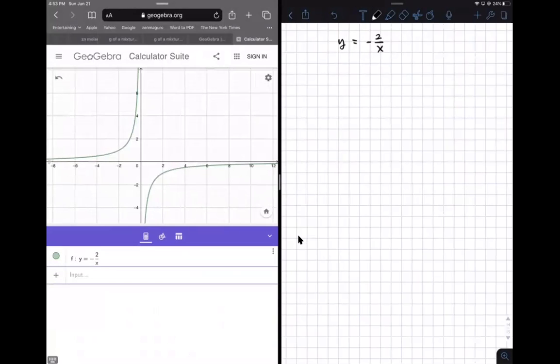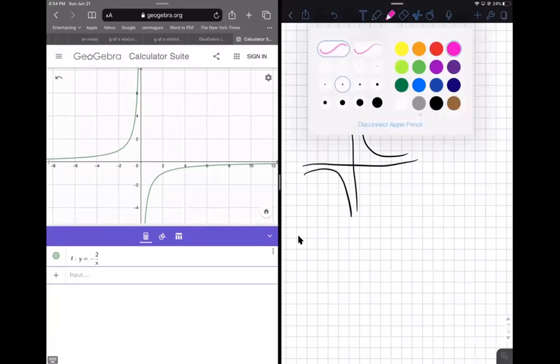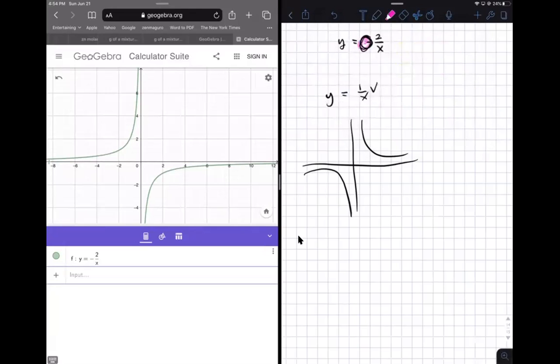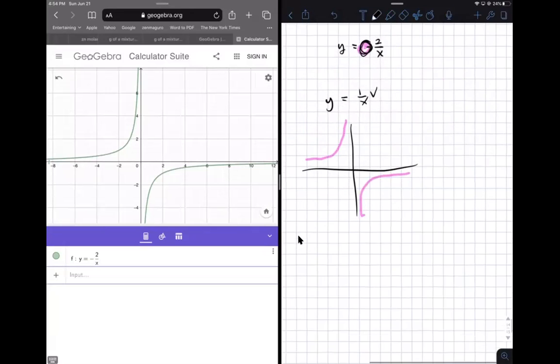All right, so remember from before, for y equals 1 over x, it looked like this. This is a function. If there's a minus sign, all that means is we flip them so it looks like this. Okay, that's cool.